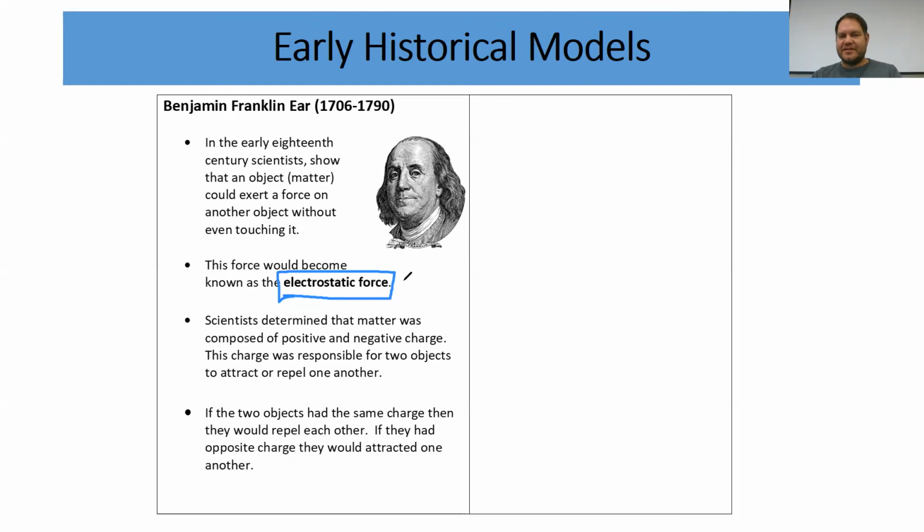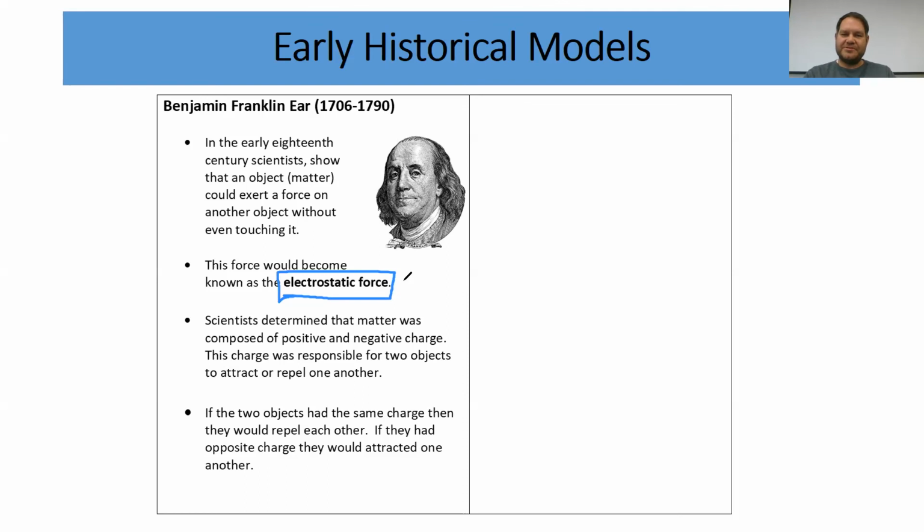Now, along with this electrostatic force comes electricity, and there tends to be a tie-in with Benjamin Franklin with electrostatic forces and electricity. And I don't want to spend a lot of time on that because it's not quite important right now to our discussion.